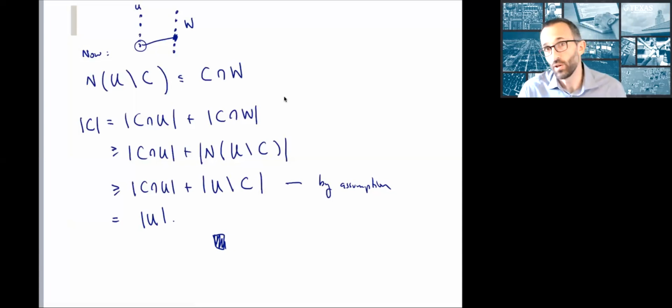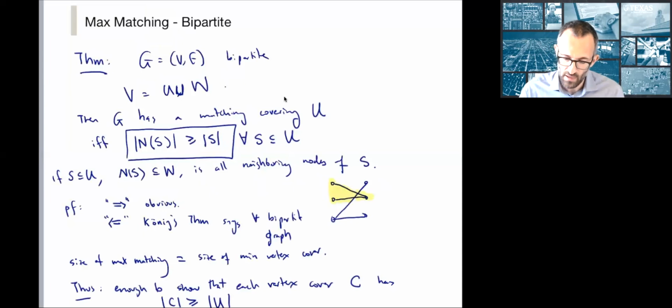Then we showed that we can use that directly to come up with an algorithm based on our ability to find paths in a directed graph efficiently for bipartite graphs, and we use the bipartiteness in an important way. And then finally, we have this characterization of when G has a perfect matching. I'm calling it perfect because it covers all of one color class. And again, if it's balanced, then it would have to cover every single vertex.